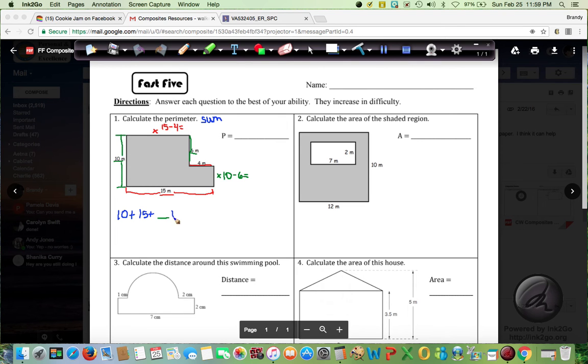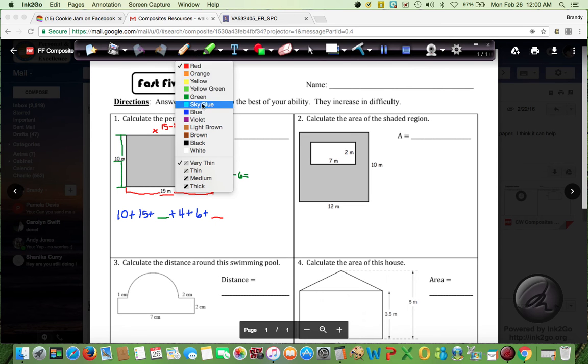Plus the 4 that they give us, plus the 6 that they give us. And finally, we have the number on the top, which we don't know. I'm going to mark that with a red line because that's done in red, just to give you an idea. Okay?